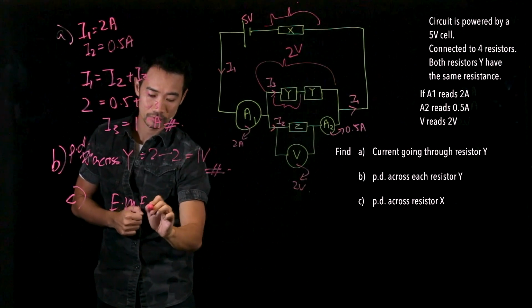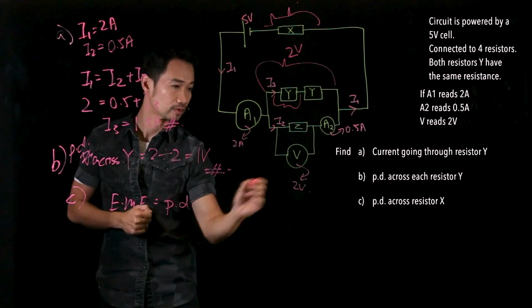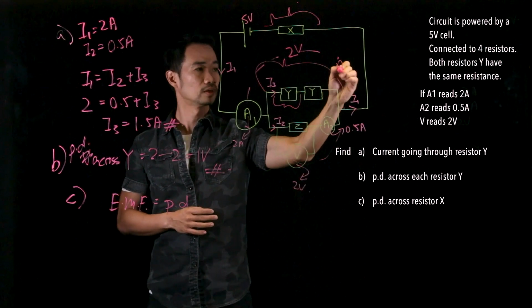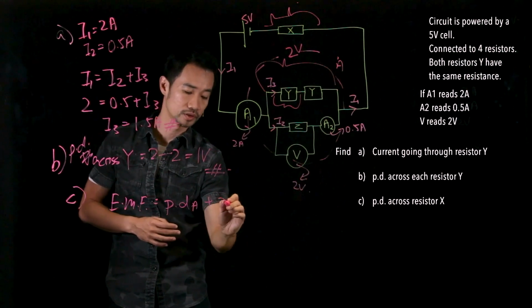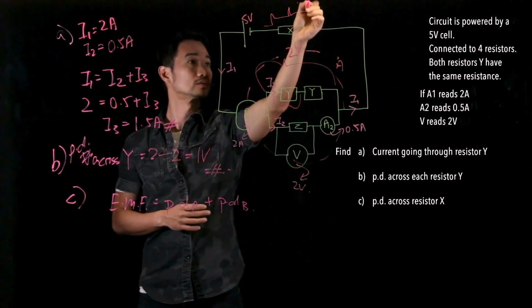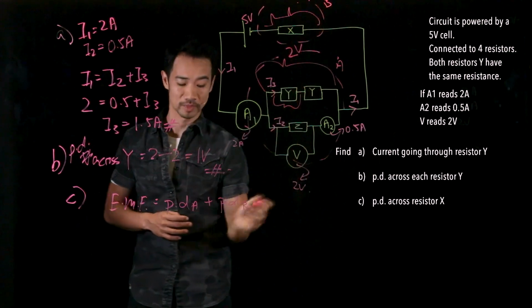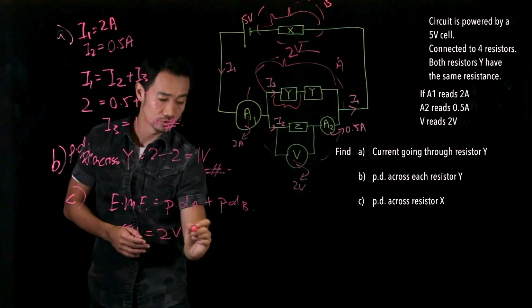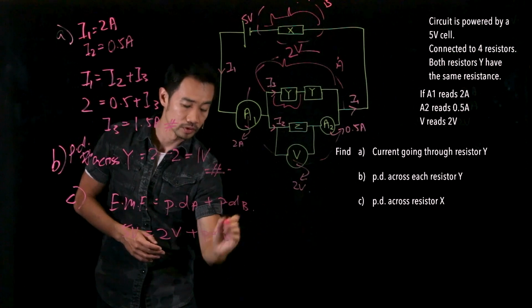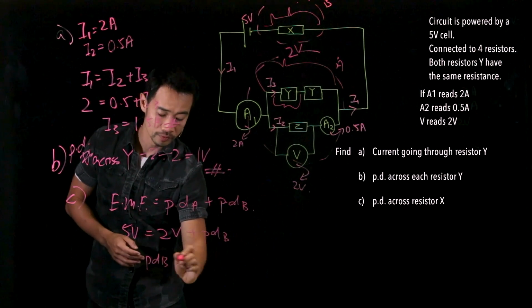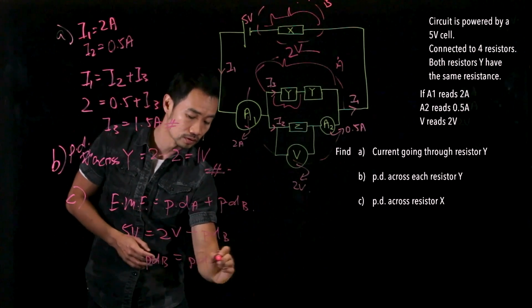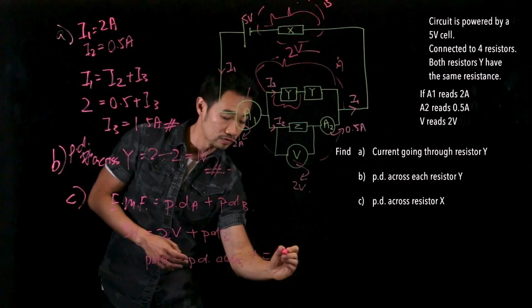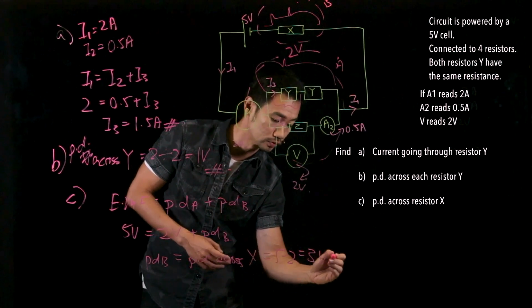EMF is equal to PD across A plus PD across X. So PD A is 2 volts, EMF is 5 volts, plus PD X. So the PD across your X is equal to 5 minus 2, you will get 3 volts.